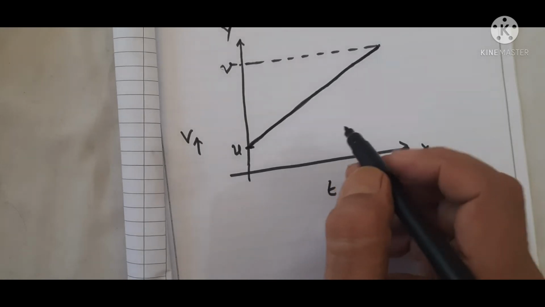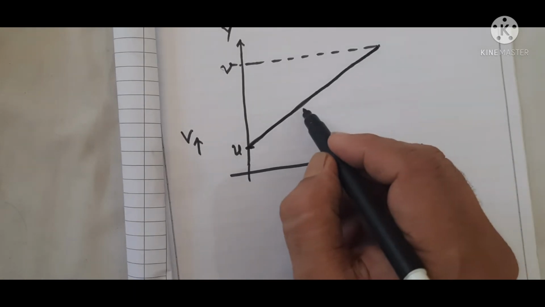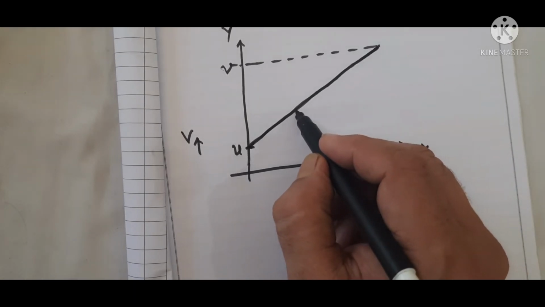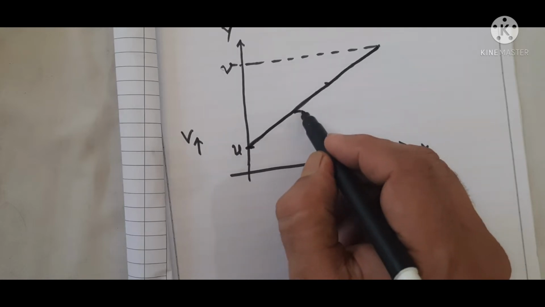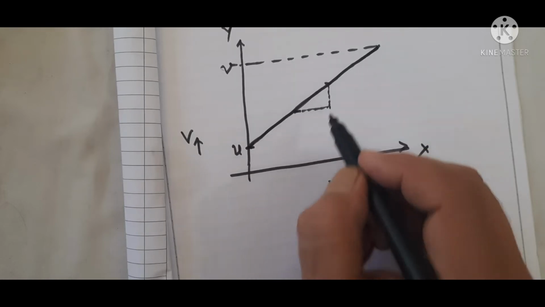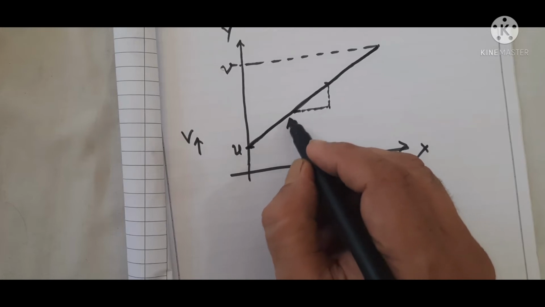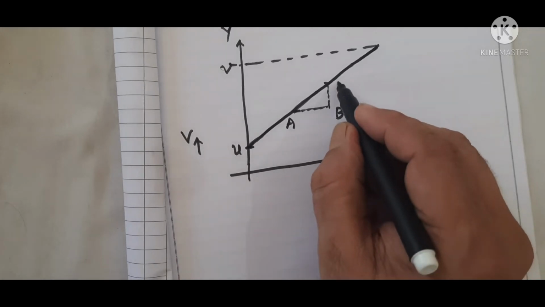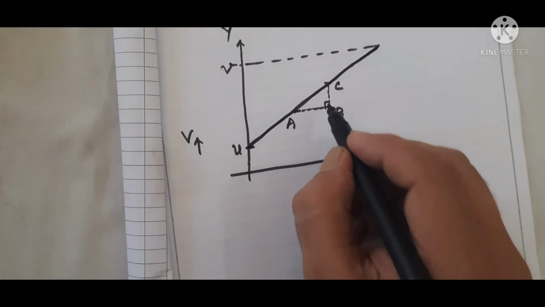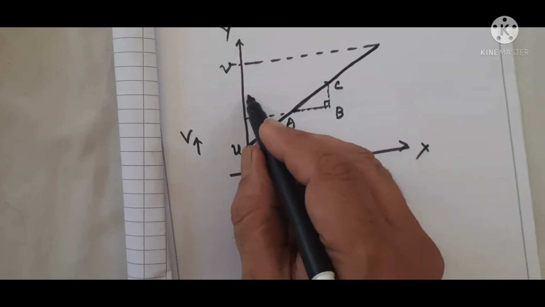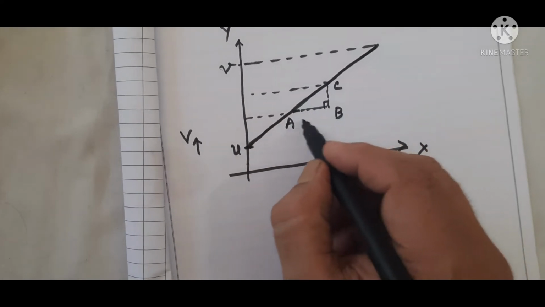So from this also, how will you find out the acceleration? Choose any 2 points. I have chosen this point and this point. Say this point is A, this is B, this is C. This is right angle triangle, and find out the value of BC and AB.